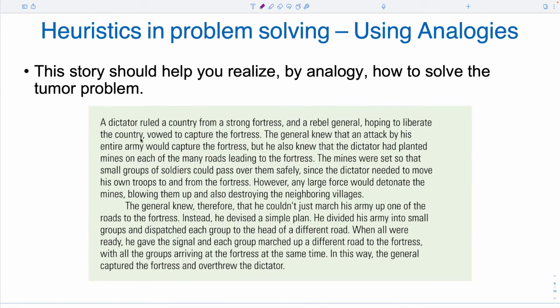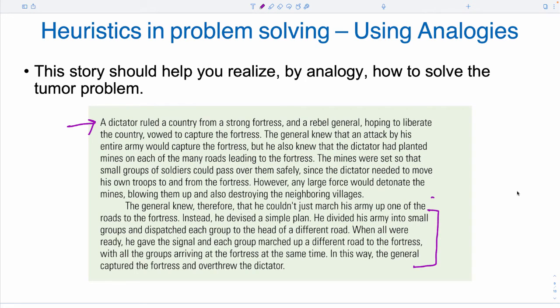Now, what if before you got the tumor problem, you saw this? Go ahead and take a moment and pause the video and read this problem. All right, so you can see that the military problem here has the solution, and it is analogous to how we can solve the tumor problem.